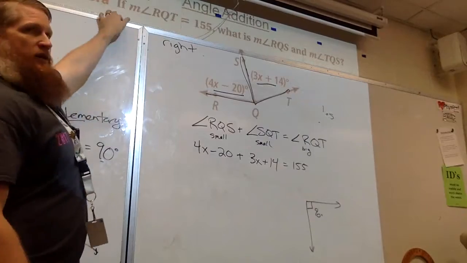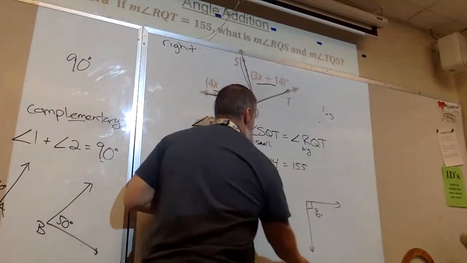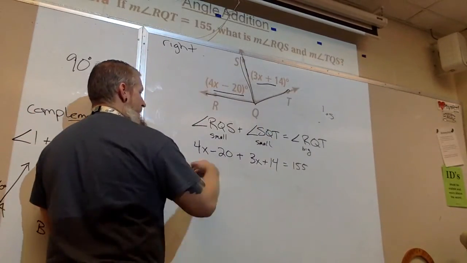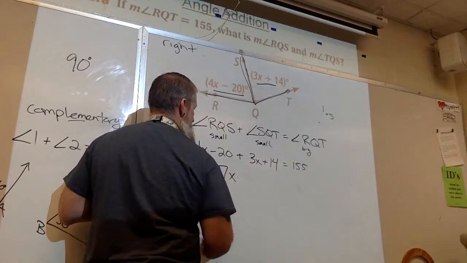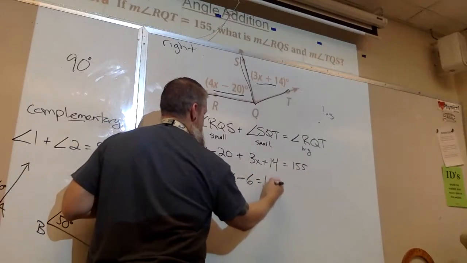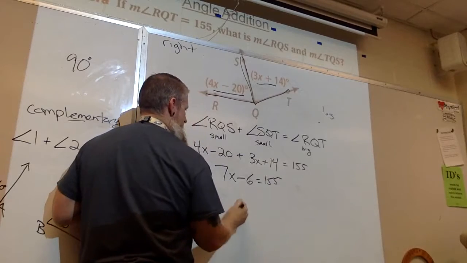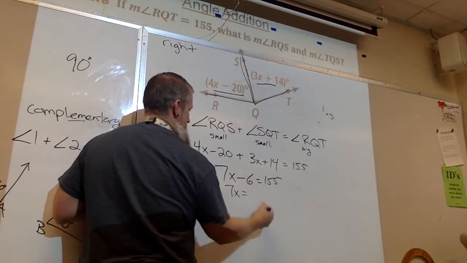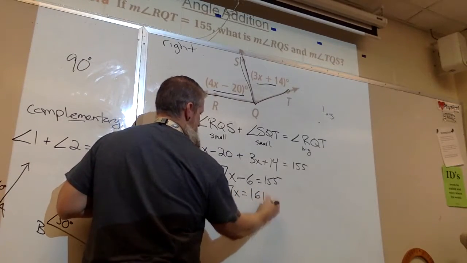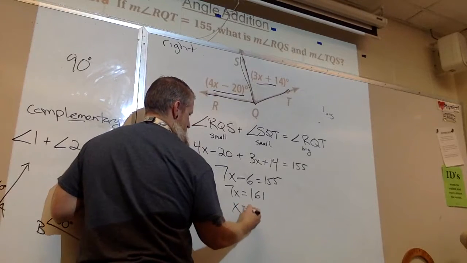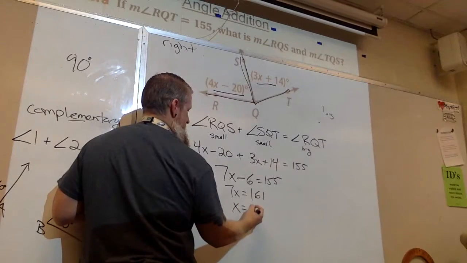You should be able to solve that equation. All right, so if I combine like terms, that should give me 7x minus 6 equals 155. 7x equals 161. It's 161 divided by 7.